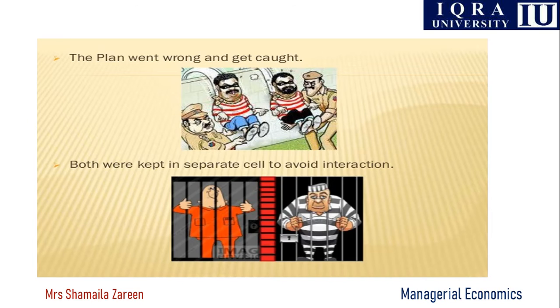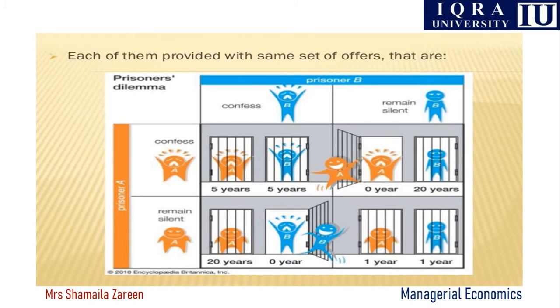It means player 1 has no idea about the strategy of player 2 because they cannot discuss, they are in separate cells. This is the game. Whether they will confess or they will remain silent, for prisoner A and for prisoner B.